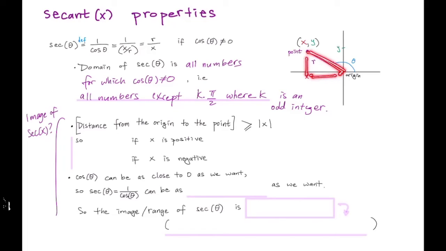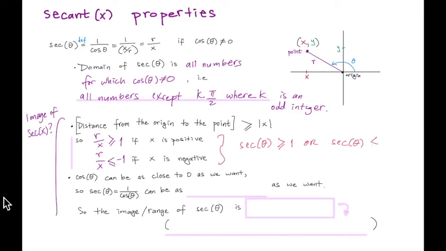So then I have r over x is always bigger or equal to 1 if x is positive, and r over x is smaller or equal to -1 if x is negative. This means that secant theta is bigger or equal to 1 or smaller or equal to -1.